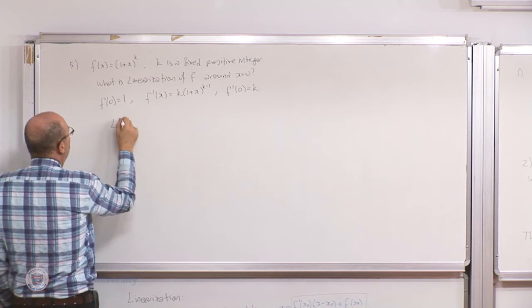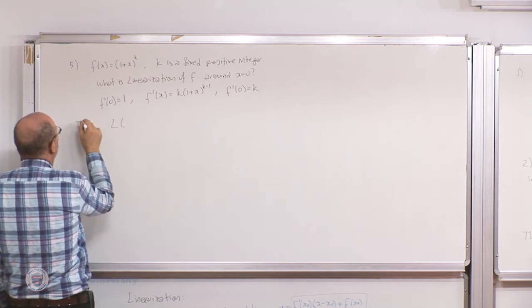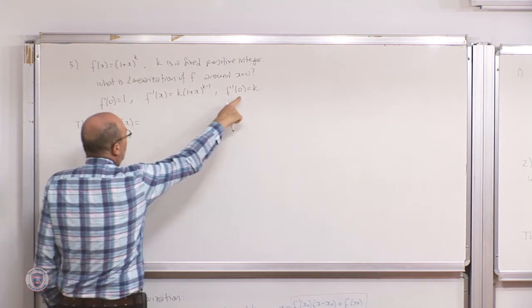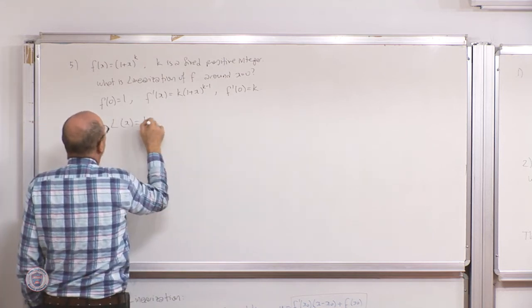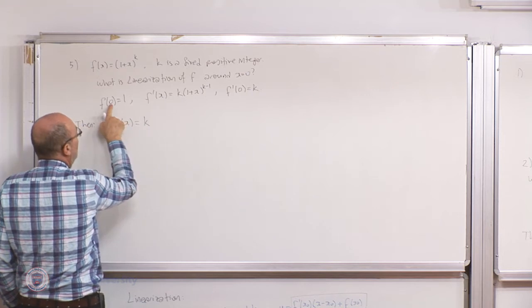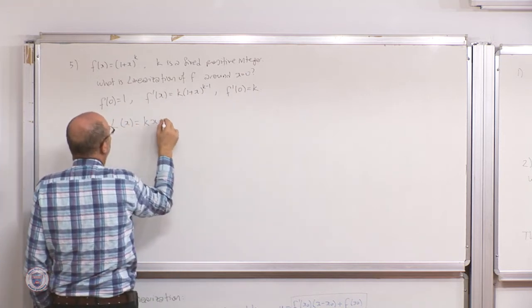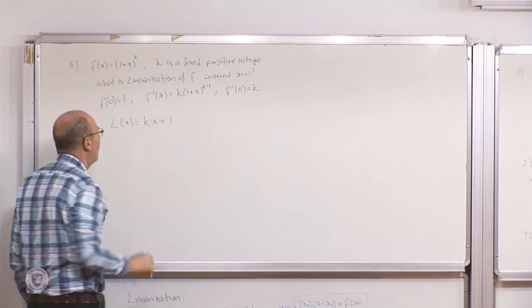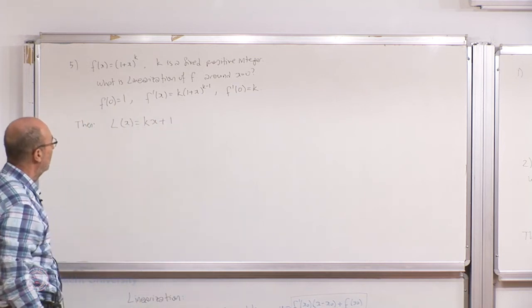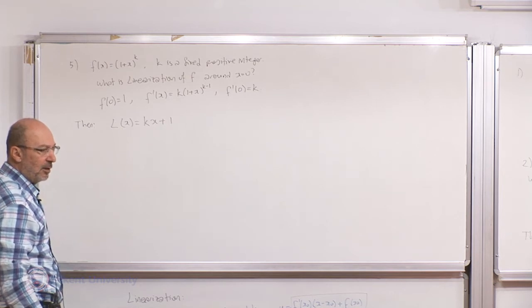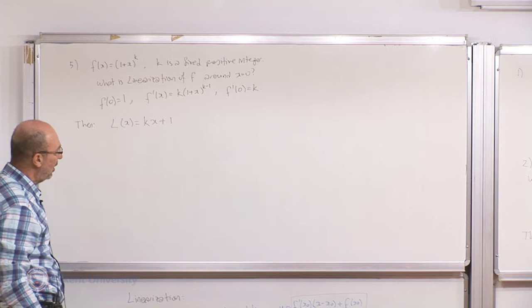So the linearization is: slope is k, times x minus this point 0, so x, plus the value at that point, 1. Okay, so the function behaves like this straight line around this point.